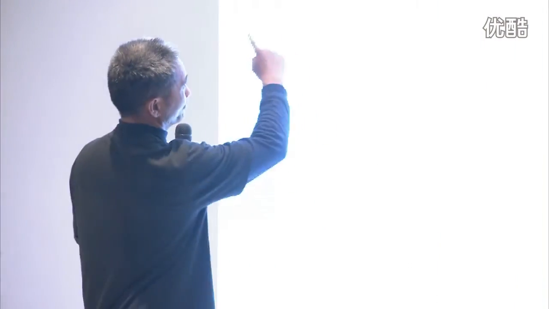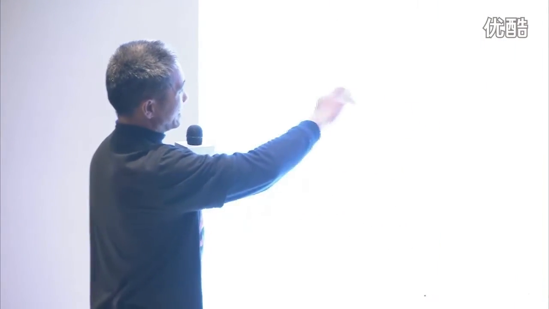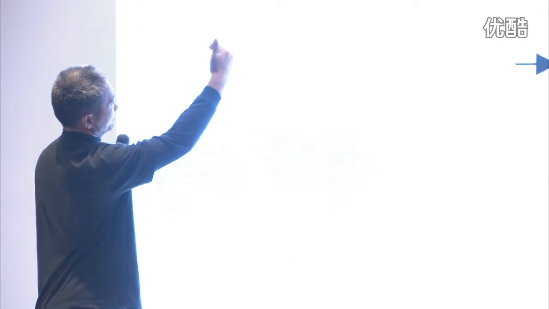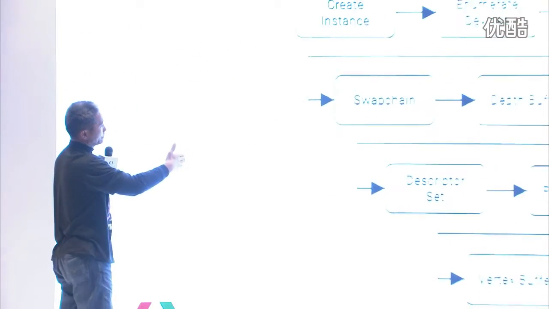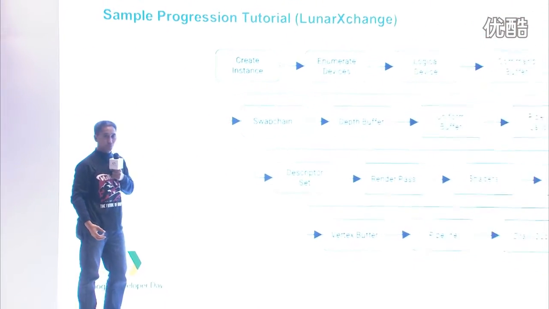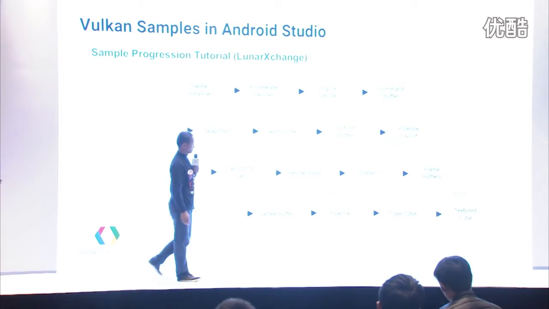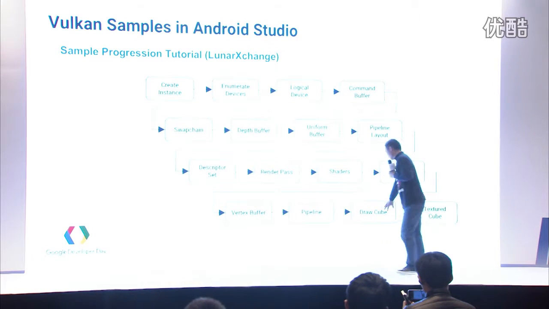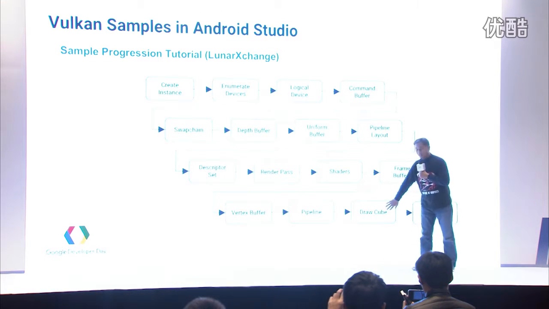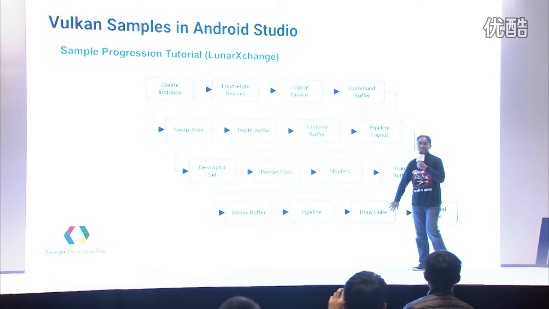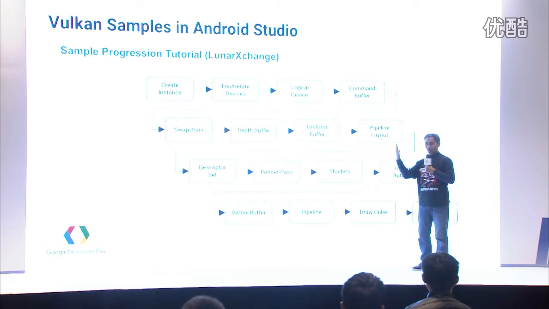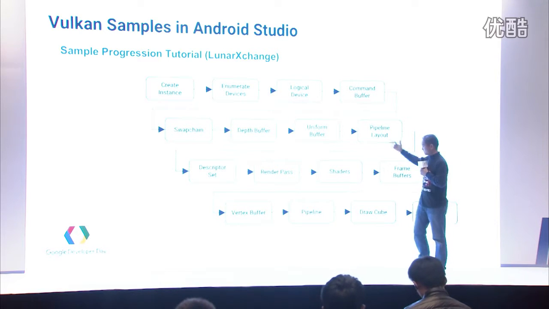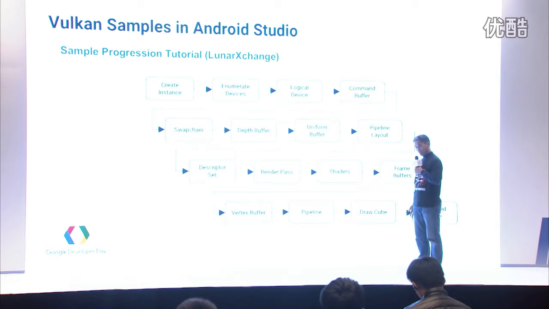This gives a walkthrough for all those basic samples. You see, from create instance and enumerate device to all the major APIs you need to use to create one simple application, by the way, to draw a cube. In graphics rendering stacks, people normally ask, how do I do my first triangle? This is the way to do your first triangle.